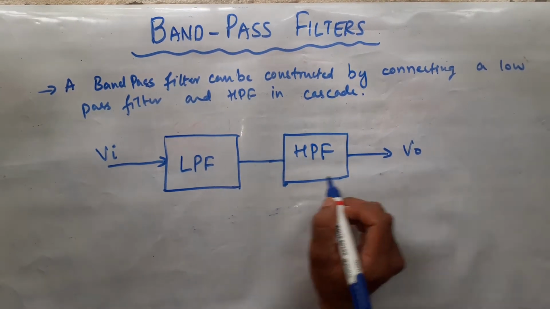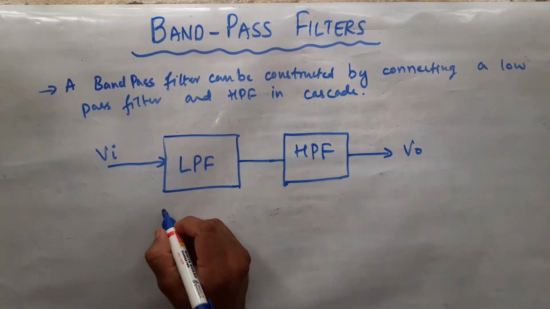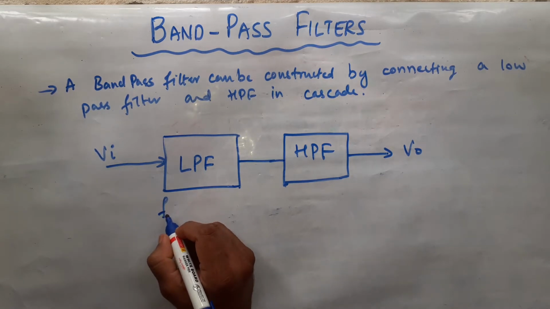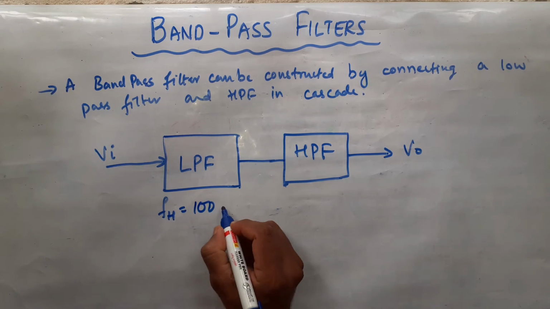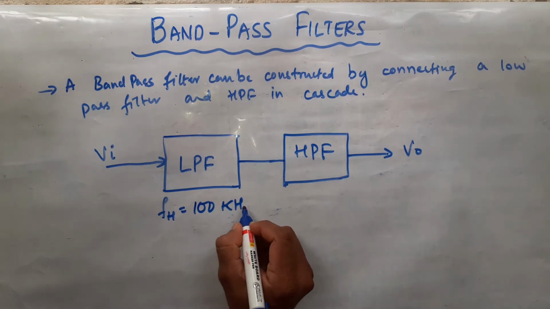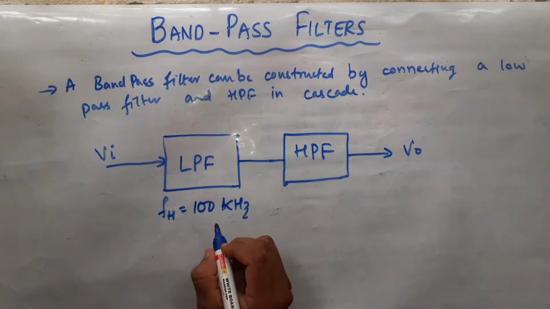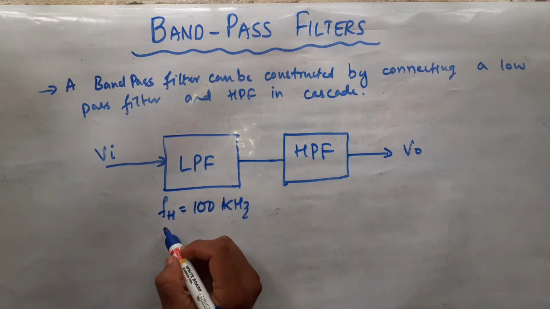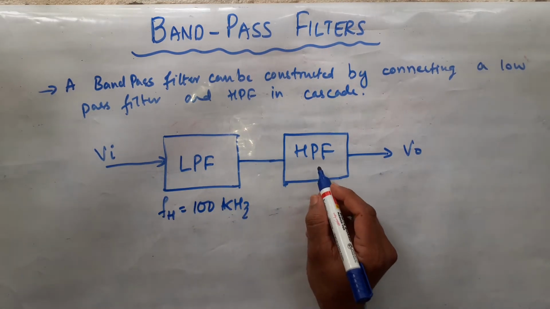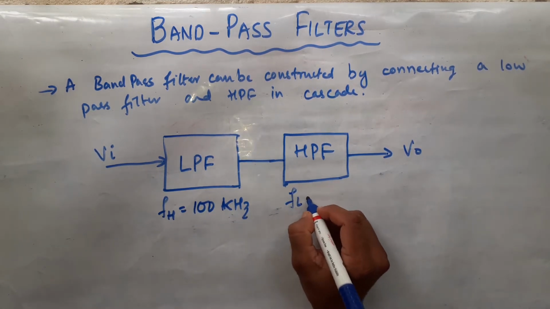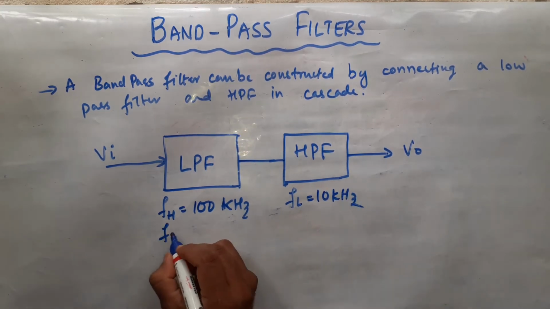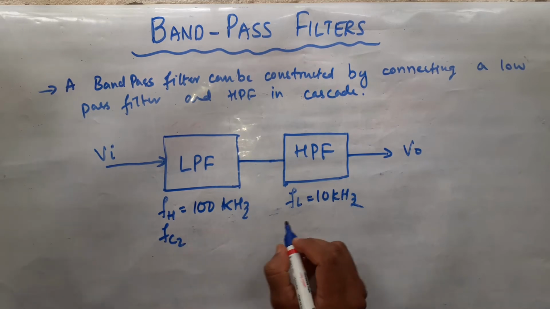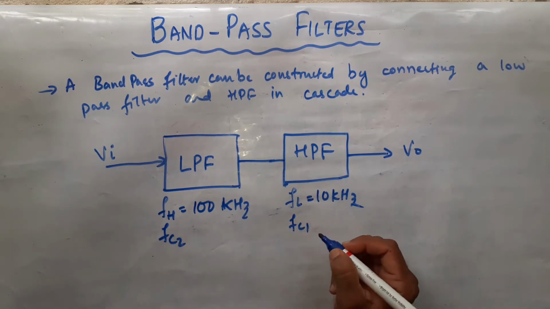The job of the low pass filter is to offer a higher cutoff frequency of, say, 100 kilohertz, for an example. LPF is responsible for FH and high pass filter is responsible for FL. In some textbooks this is also written as FC2 and FL is also given as FC1.